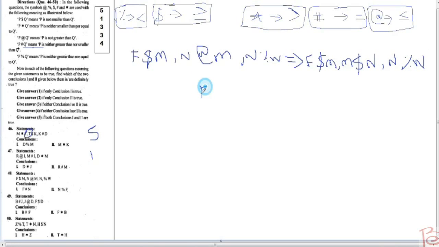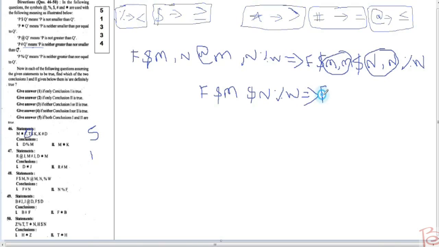And the next step which I'm going to do is, since these things are in the ordered manner, I'm going to write it as it is, percentage w. Okay, so the next thing which I'm going to do is replace these symbols with the corresponding greater than or equal to sign.